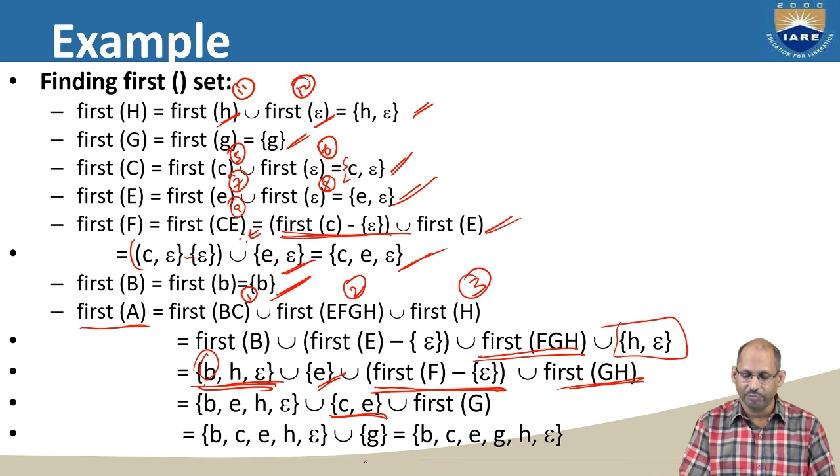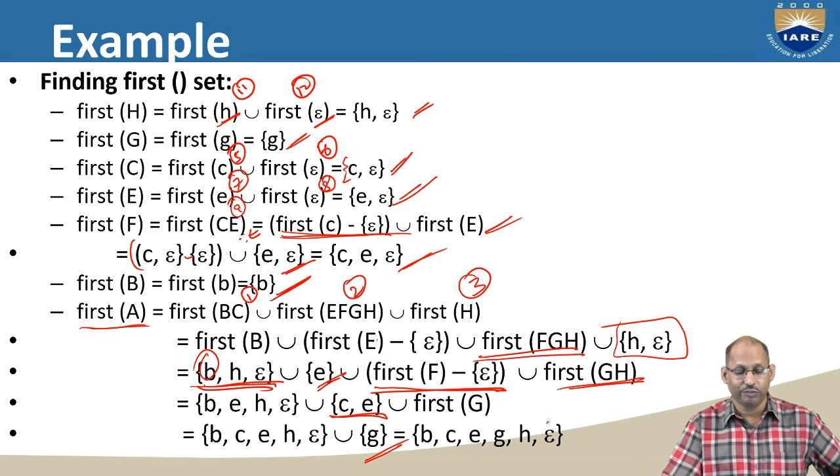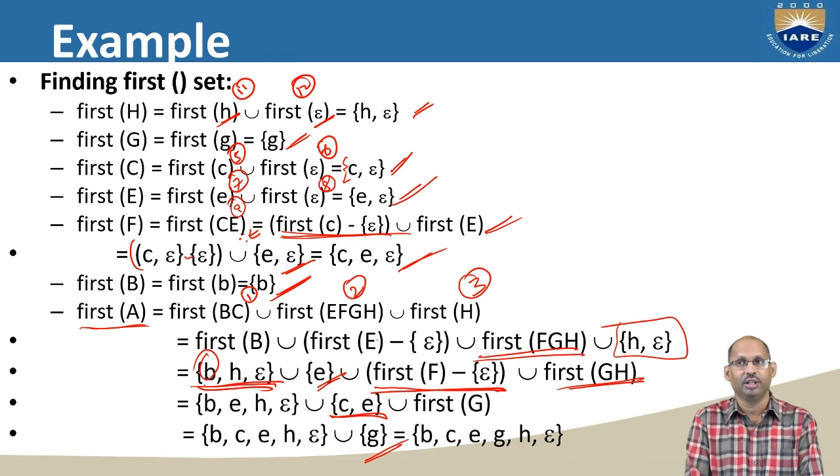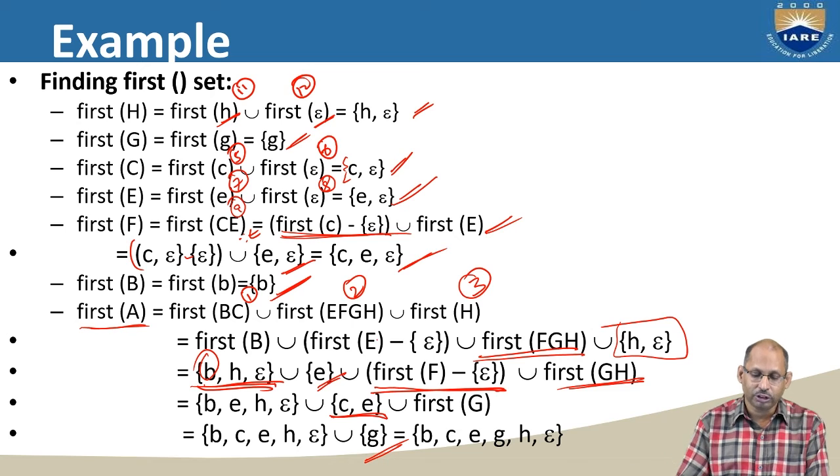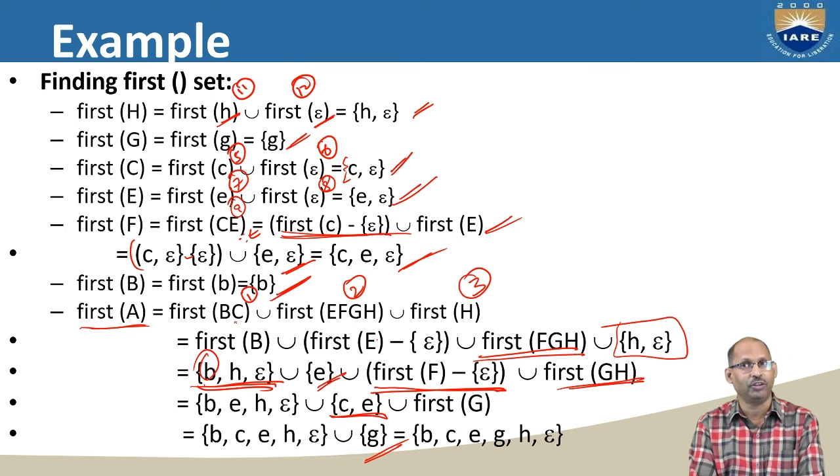So finally first of A is B, C, E, G, H, epsilon. From the first production, we are considering first of BC.